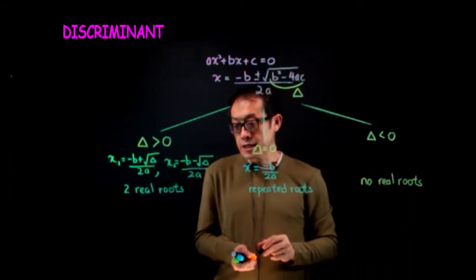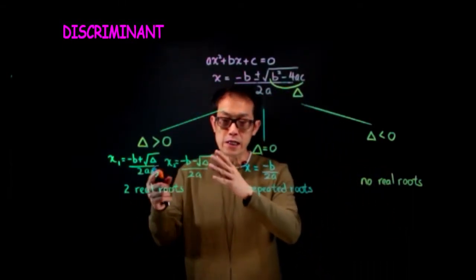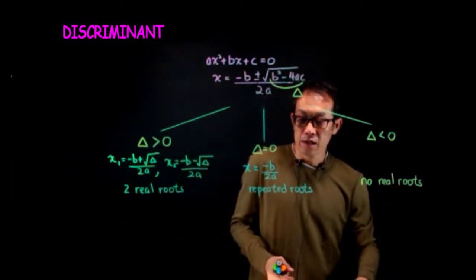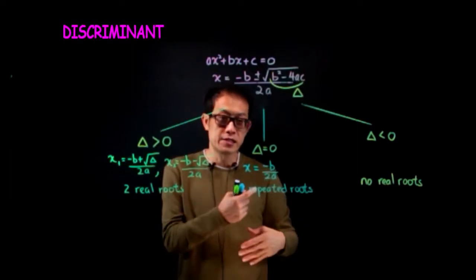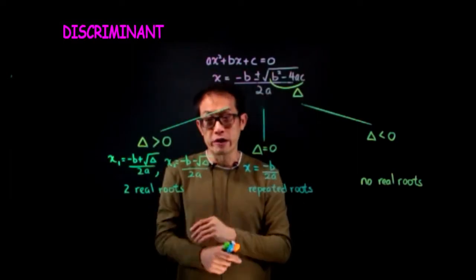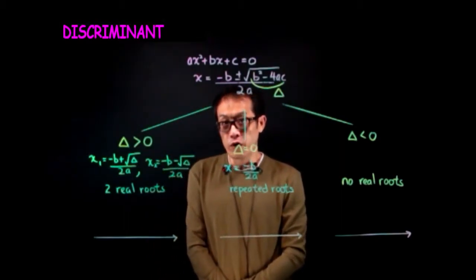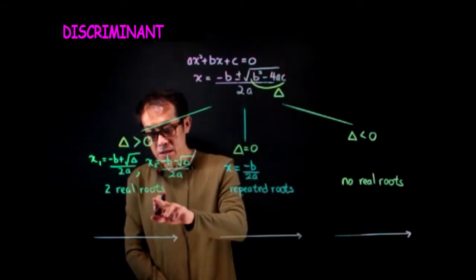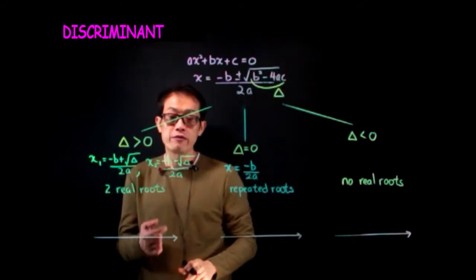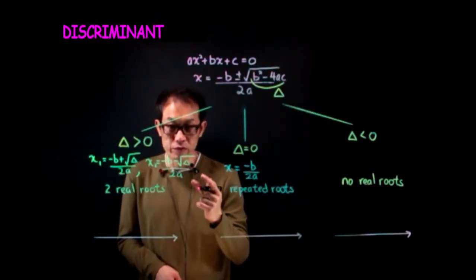Now the next thing is, we would like to see how in each of these cases, graphically, what does it mean, or how does it look for the quadratic equation? For the case of two real roots, that means the quadratic graph will cut the x-axis twice in order to have two real roots.